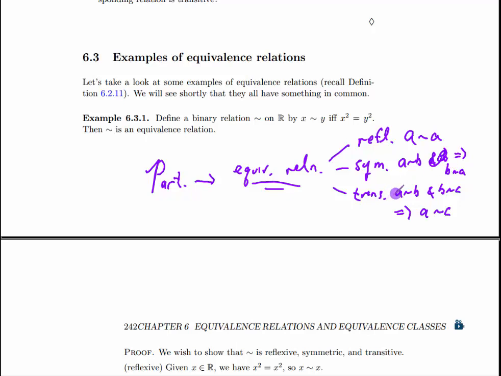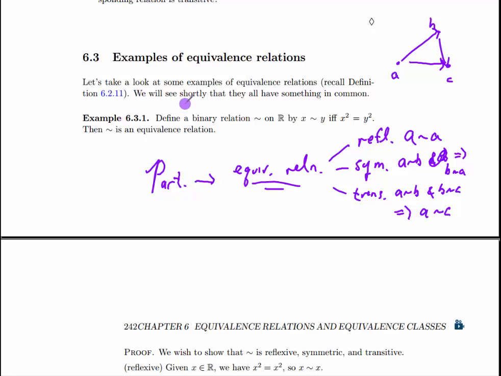Transitive similarly says if you have one relation followed by another relation, then you have the direct relation. I like to think of this as saying that if you have an indirect route from A to C via B, then you also have a direct route. There's always a direct flight. If you can get from here to here, you can get from here to here directly.